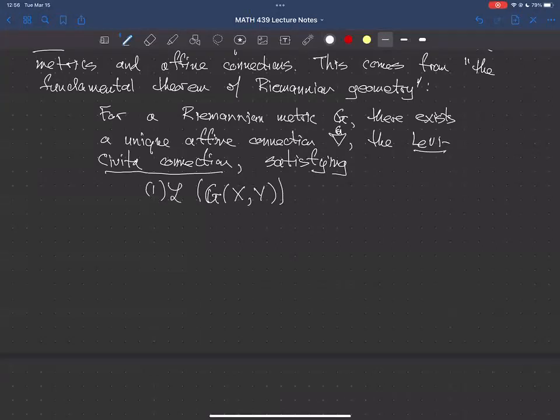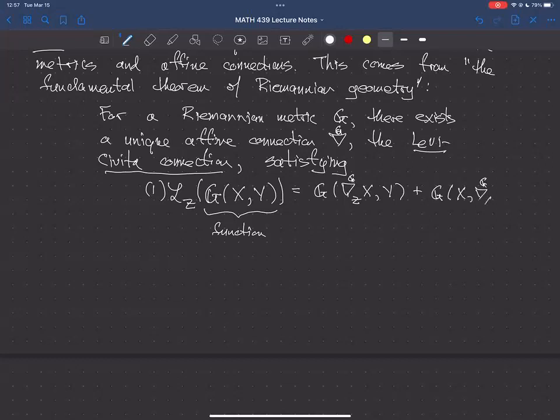So I'm going to go LZ, the Lie derivative of that function with respect to the vector field Z, and that should satisfy a formula like this. That's the formula.